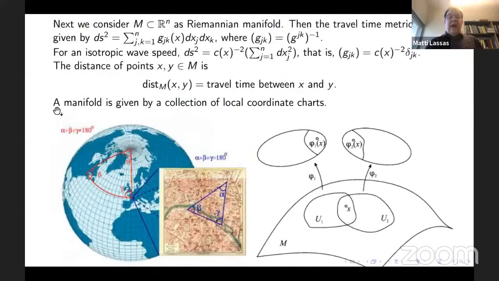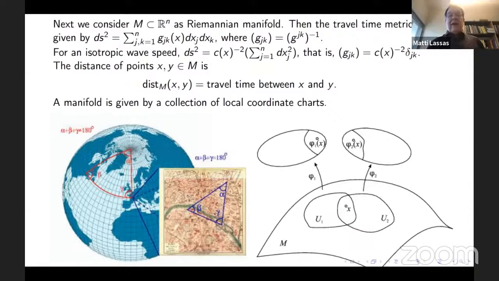Okay, how does geometry come into play? We can consider this domain M as a Riemannian manifold with a non-Euclidean metric, because the non-Euclidean metric that we consider now is the travel time. Instead of saying how many meters there are from here to Bangalore, I ask how long it takes to travel by some means from here to Bangalore.